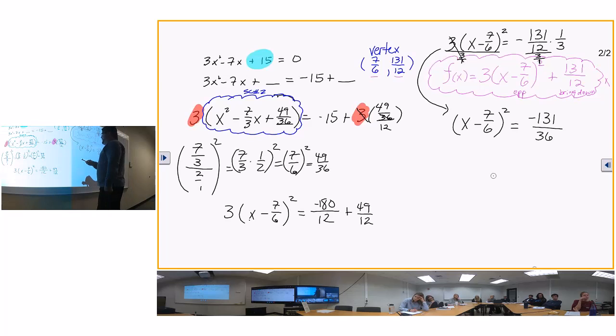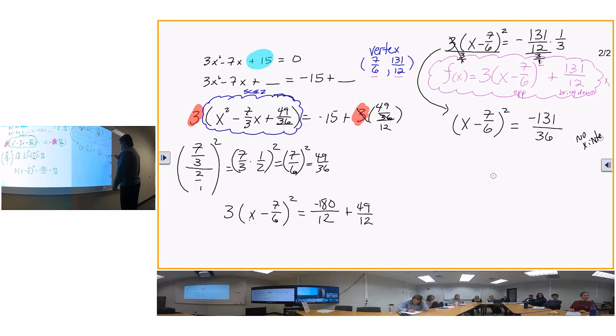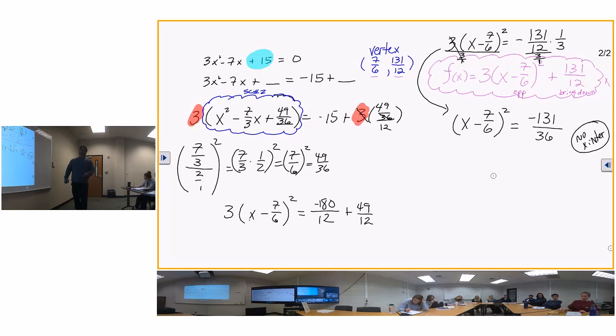All right, so I cannot take the square root of a negative. So therefore, at this point, we know no x-intercepts. But will the powers that be want an answer in the form of i? Yes. So we've got to do that. So let's take the square root of both sides.